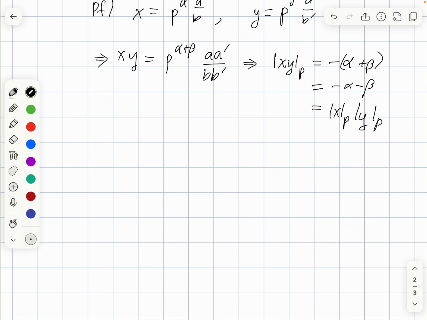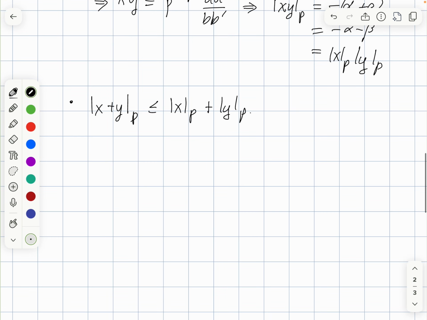All right, the next property is the triangle inequality. The triangle inequality says the absolute value of a sum is less than or equal to the sum of the absolute values. This is certainly true for the absolute value of real numbers, but for the p-adic absolute value, we can actually say something stronger.